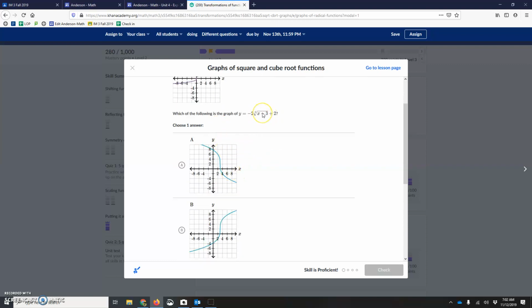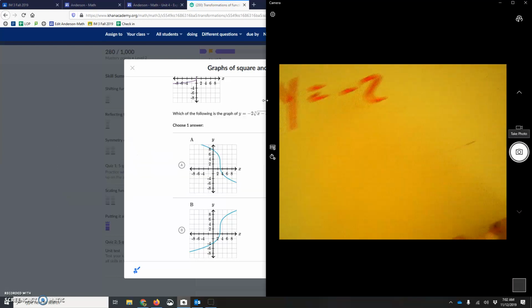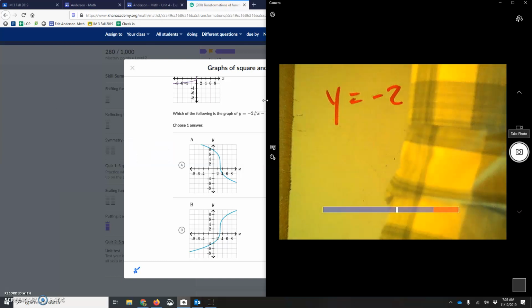4 minus 3 is 1. The cube root of 1 is 1, because 1 times 1 times 1 is 1. Negative 2 times 1 is negative 2. Negative 2 plus 2 is 0. Now, if you don't know what I'm doing here, I need to zoom out a little bit.